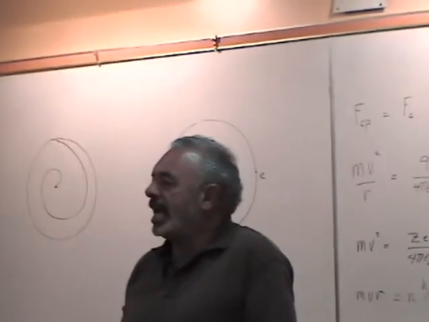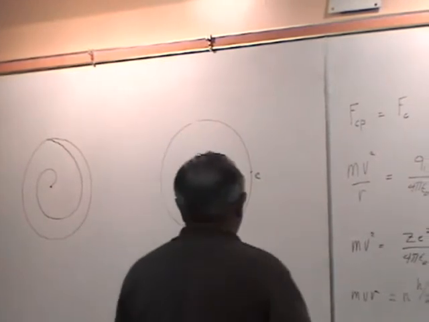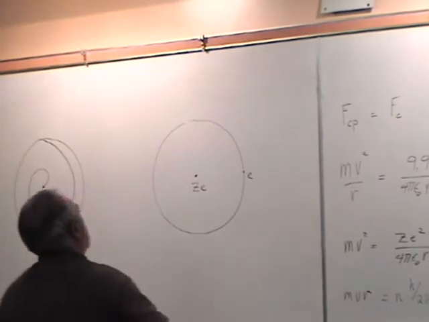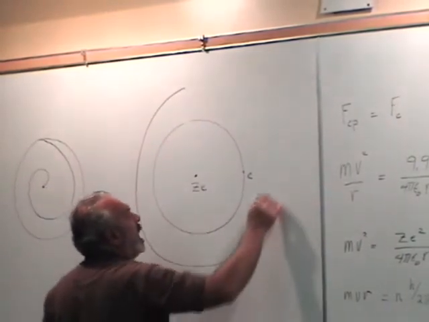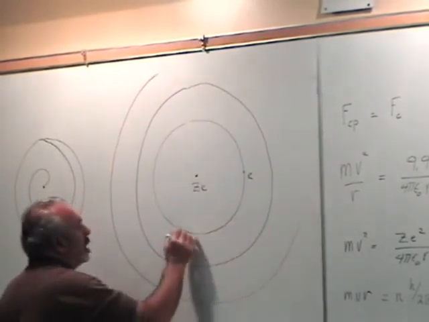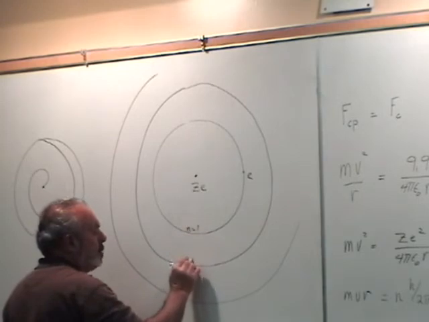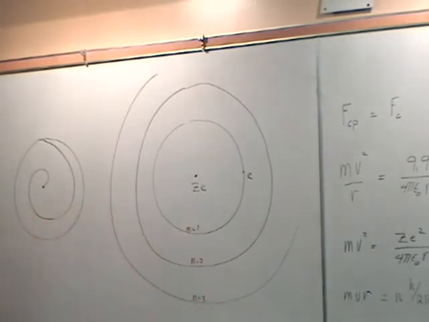We're almost there, though. We've moved towards an experiment we can do. Because if you have a hydrogen atom and it has certain allowed energies, let's imagine that this is n equals 1, and this is n equals 2, and this is n equals 3, and so on. Let me label them n equals 1. Those are the stationary orbits.